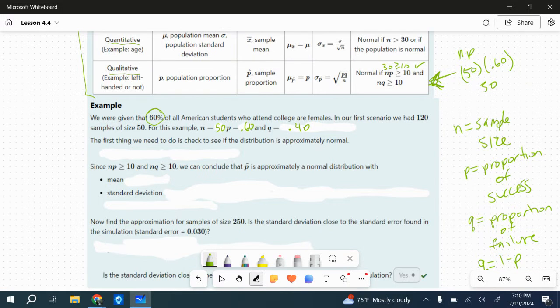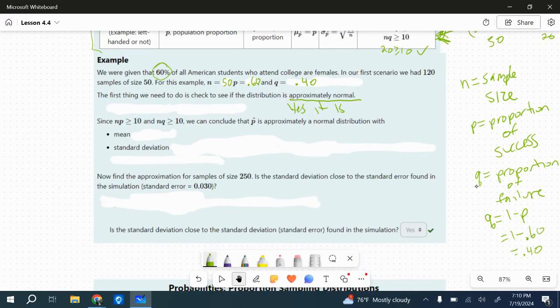Check, yes, it is. Now I have to do n times q, which is 50 times 0.4, and that is 20. Is 20 greater than or equal to 10? Check, yes, it is. So since n times p is greater than 10 and n times q is greater than 10, we can say that yes, it is approximately normal.